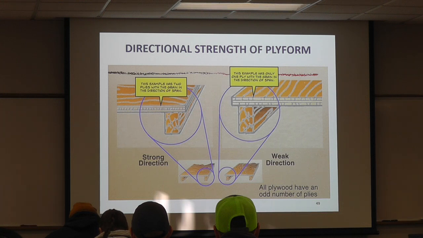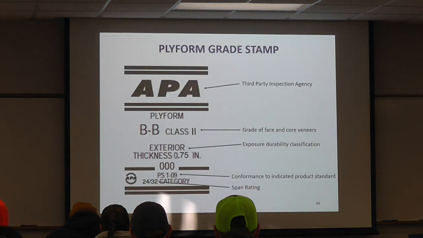That's the strong direction. And so this little depiction down here, blown up: the strong direction, you're running perpendicular to your load support. The weak direction would be here. So you just have more plies running in the strong direction.